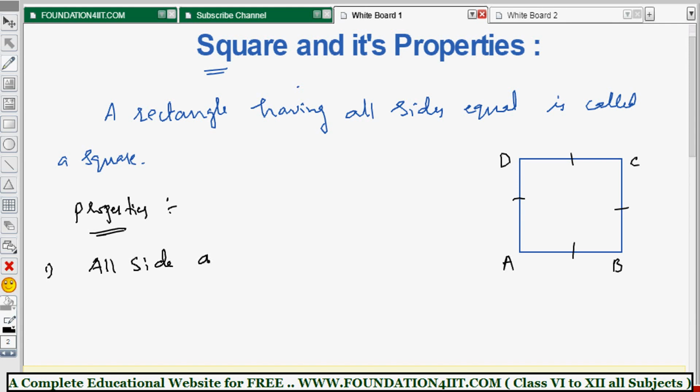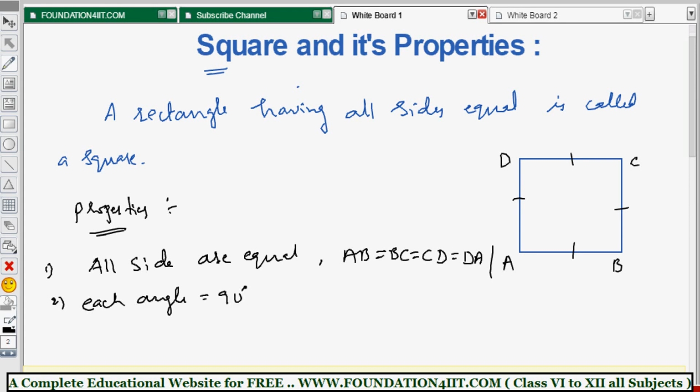So we can say AB is equal to BC is equal to CD is equal to DA. Now each angle measures 90 degrees, the same property as the rectangle. Each angle is equal to 90 degrees, a right angle. Every side is perpendicular to the adjacent side, so every angle is 90 degrees.